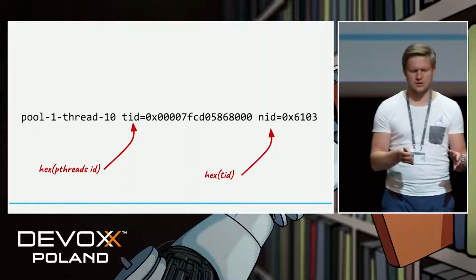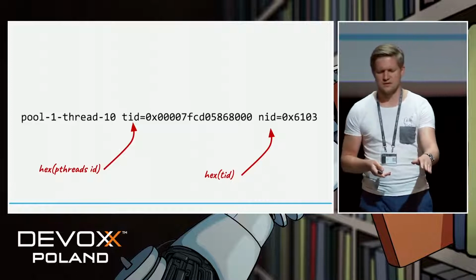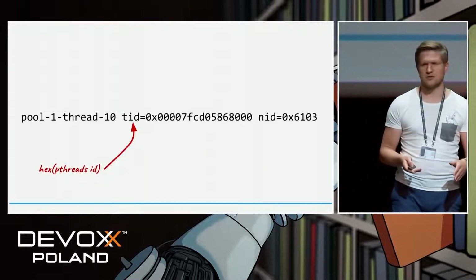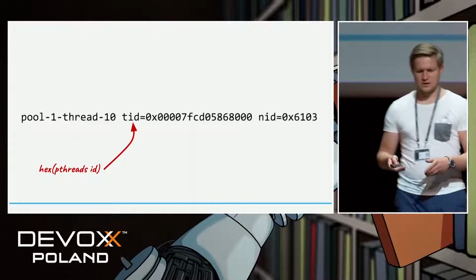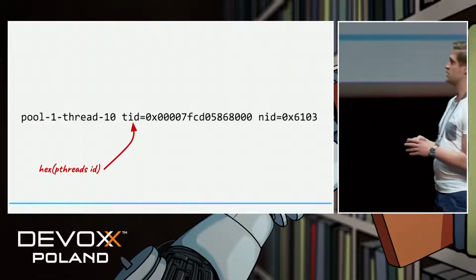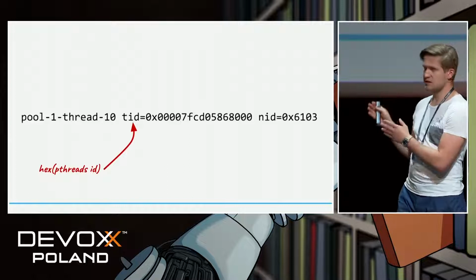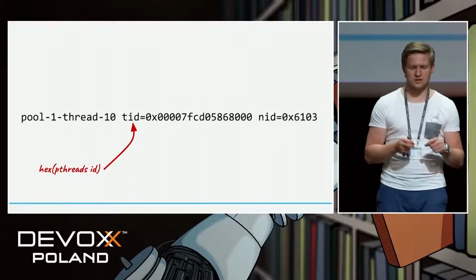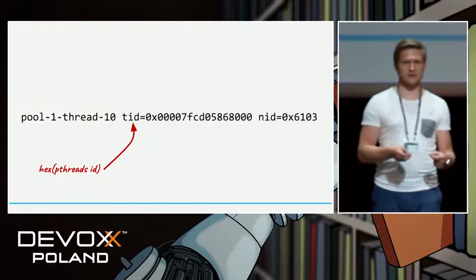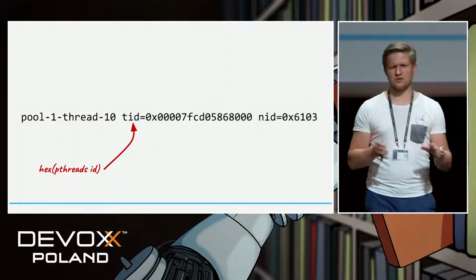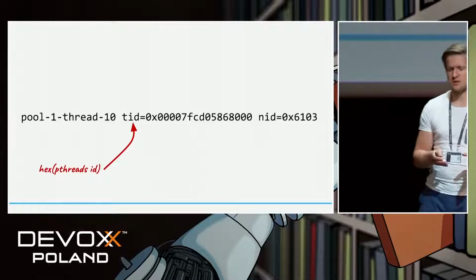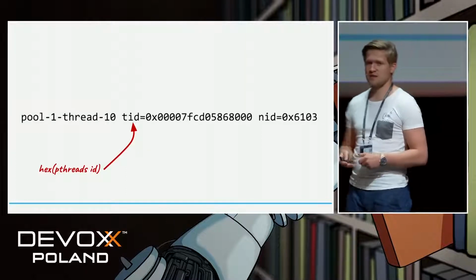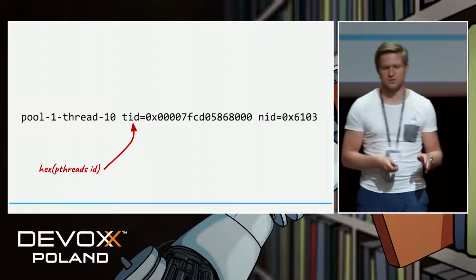We have some crazy tid, which looks totally different from the TID that we've been observing before. This is because this output is not so easy to read. This tid in jstack is actually the hexadecimal representation of the pthread ID, and it's not really usable for us in this context. I just wanted to show you that the names clash, but it's not really important for us.